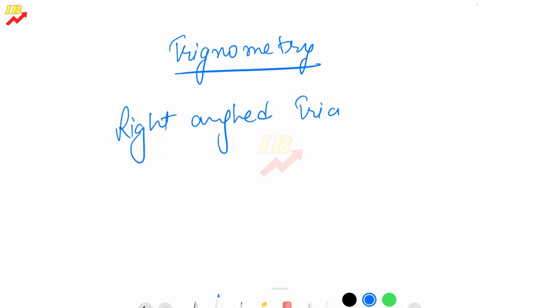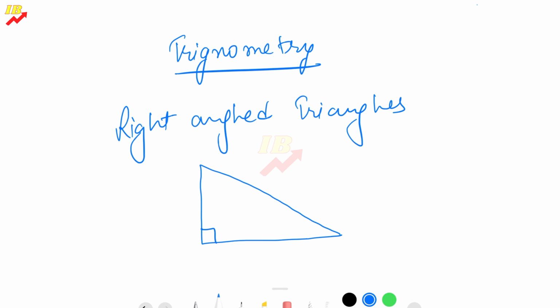What are right angled triangles? Basically, when you see a right angle at any of the corners of a triangle, that makes it a right angled triangle.